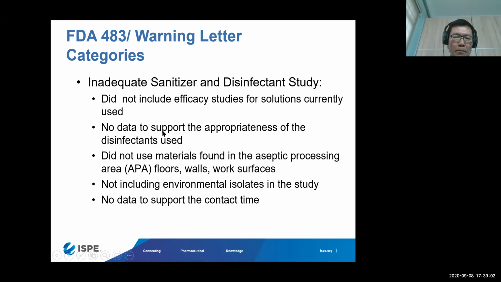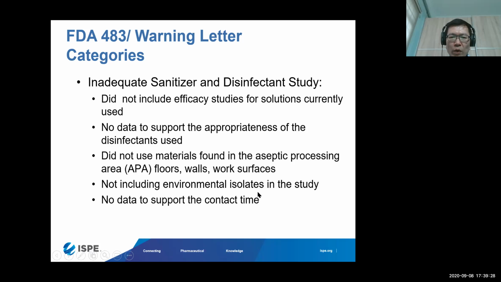So basically, in the FDA warning letters, these are some of the common observations. They did not perform the efficacy studies for the chemical disinfectant used, did not include representative surfaces in the aseptic processing area, for example the floors, the walls, and the work surfaces that are close to the critical areas.